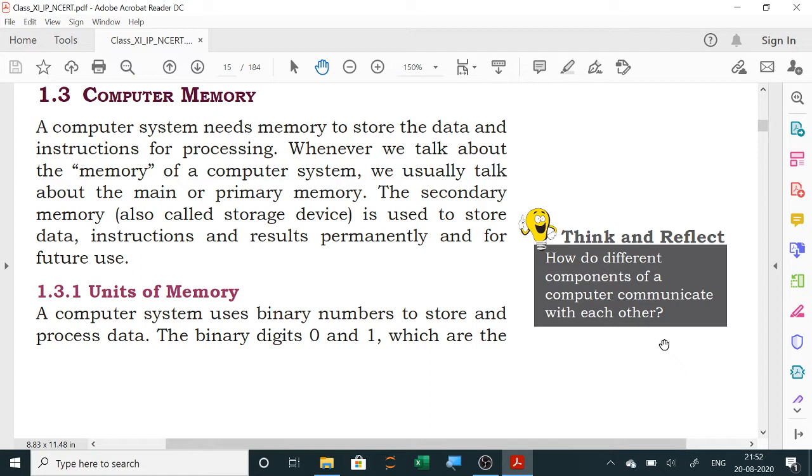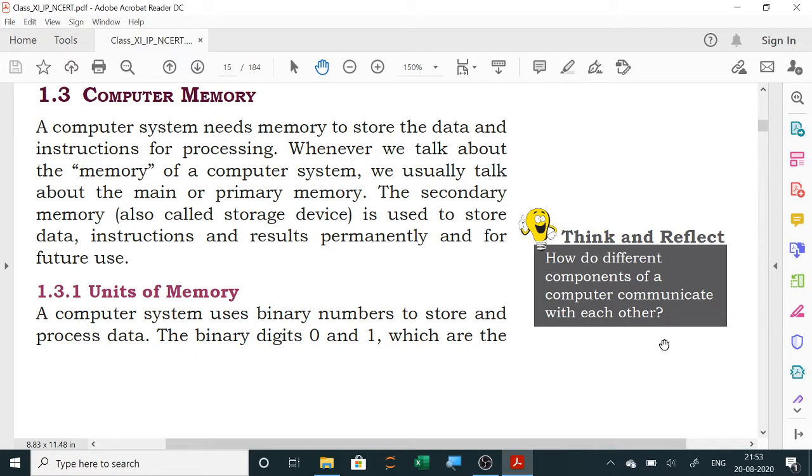A computer system needs memory to store the data and instructions for processing. Whenever we talk about the memory of a computer system, we usually talk about the main or primary memory. The secondary memory, also called a storage device, is used to store data, instructions and results permanently and for future use.